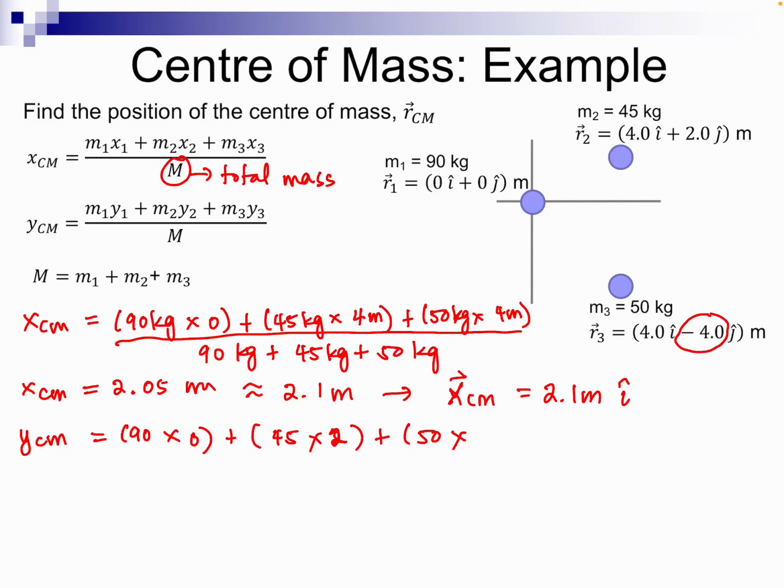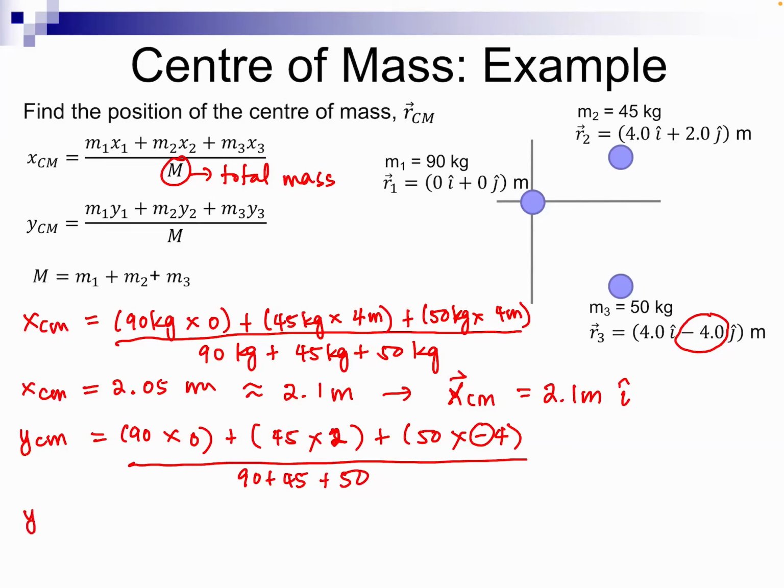So you have to include the negative sign when calculating the position of the center of mass. Yeah, you need to include this negative sign. Again, divide this by the total mass, 90 plus 45 plus 50.